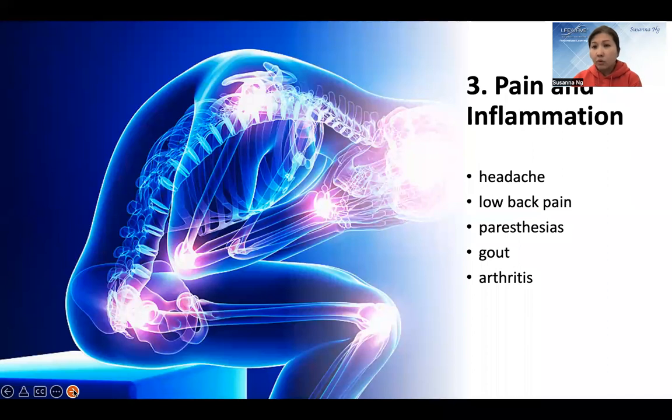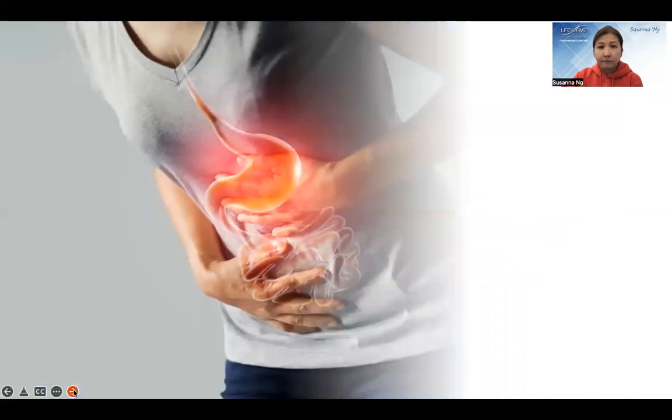So it will also cause a lot of pain in our body, like headache, low back pain, some accumulation of gout, and arthritis. This disease also comes from the food and also from our lifestyle. So we have to have a healthier lifestyle in order to avoid the pain and inflammation accumulating in our body.